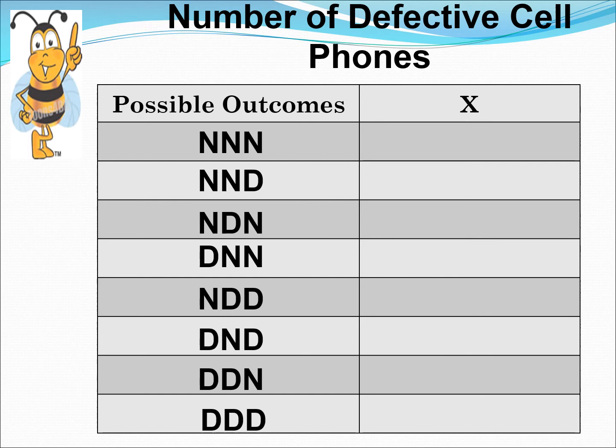So, we're going to count now the number of occurrences of defective cell phones. It's the D that we count. From the first possible outcome, we have 0. Second, we have 1. Third, we have 1. From the fourth, 1. Next, from non-defective, defective, and defective, we got defective twice. Next, here, defective also twice. And here, two. And last is 3.